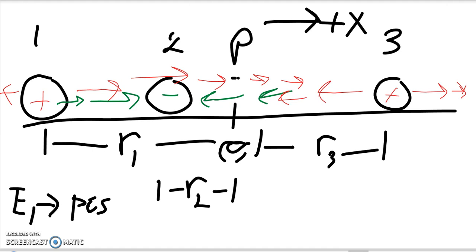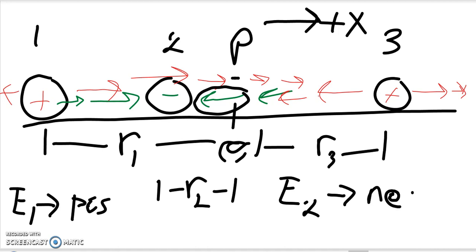E2, however, at point P, is pointed in the negative direction, so E2 should get a negative sign, as will E3, because E3 is also pointed in the negative direction here.